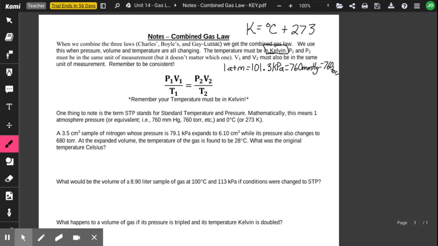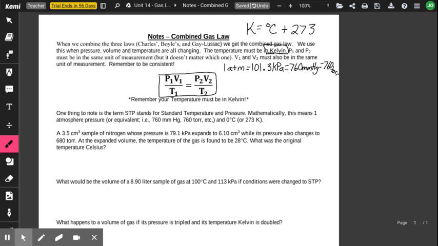So here is our formula for the combined gas law. Our combined gas law is P1V1 over T1 equals P2V2 over T2. So we've got our first pressure, our first volume, and we divide that by our first temperature, and that's going to equal the second pressure times the second volume divided by the second temperature.